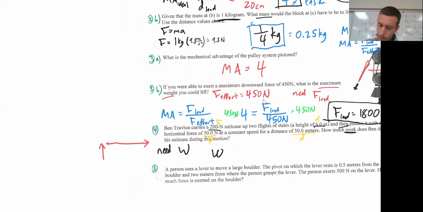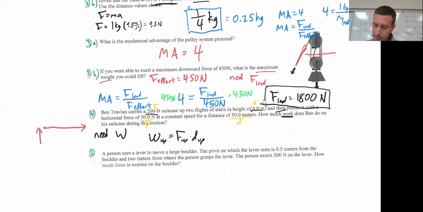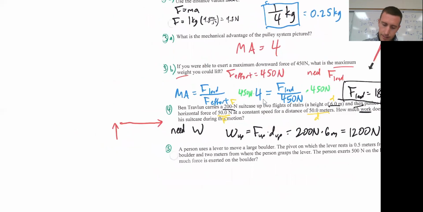So work up is equal to the force up times the distance up. And the force up is 200 newtons, and the distance is 6 meters. So that's 200 newtons times 6 meters for a grand total of 1,200. So the up section is 1,200.